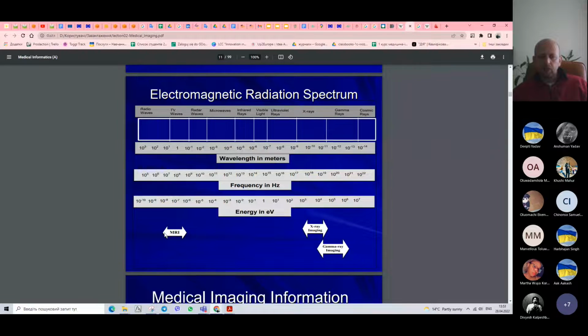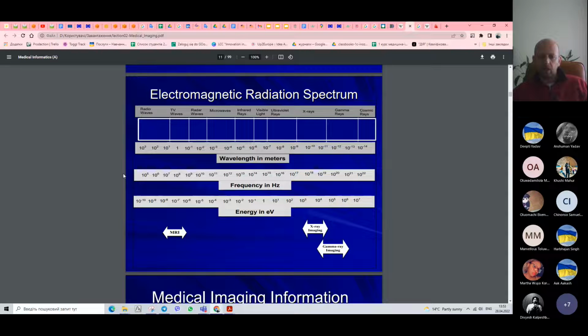As you know, we can listen to frequencies, for example, from 10 to 20,000 hertz. This we can hear.